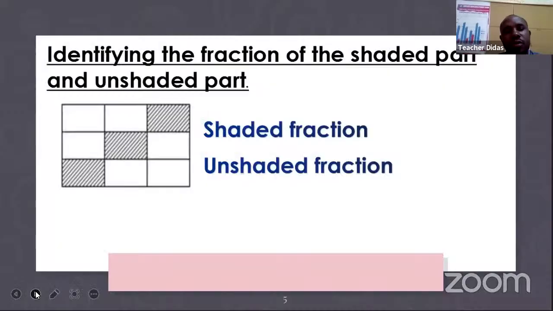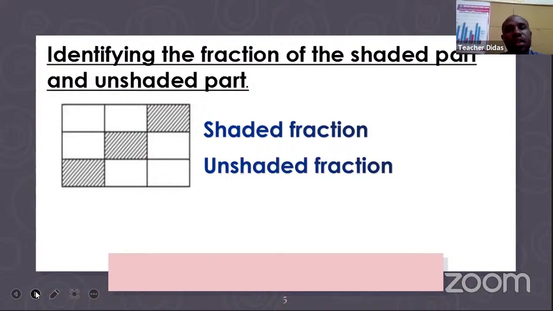Okay, so for today, we are going to identify the fraction of the shaded part and unshaded part. In such an example, you are supposed to identify which fraction has been shaded and which fraction has not been shaded.